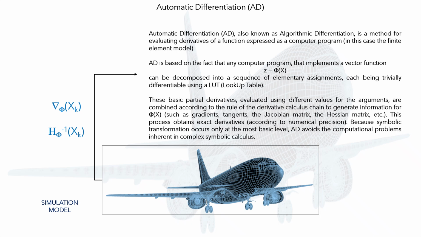These basic partial derivatives, evaluated using different values for the argument xk, are combined according to the rule of the derivative calculus chain, to generate information for φ(xk), such as gradients, tangents, the Jacobian matrix, the Hessian matrix, etc. This process obtains exact derivatives, according to numerical precision. Because symbolic transformation occurs only at the most basic level, AD avoids the computational problems inherent in complex symbolic calculus.